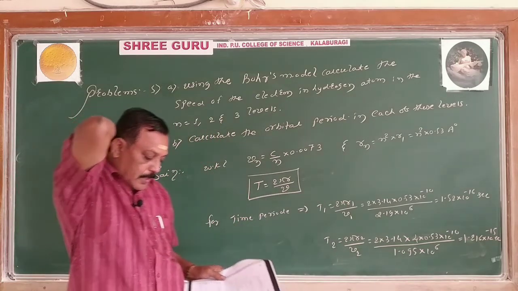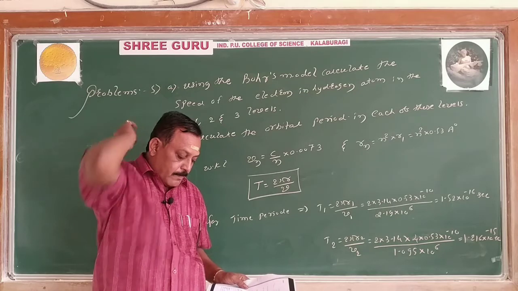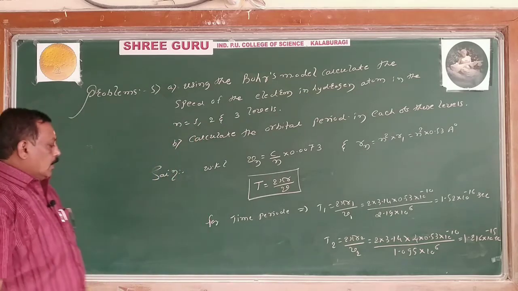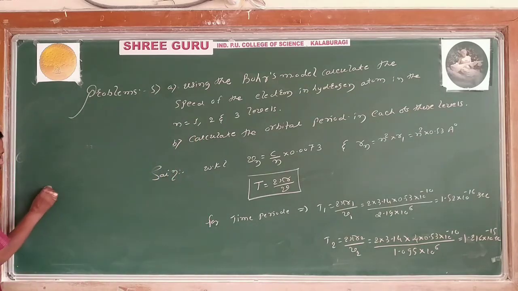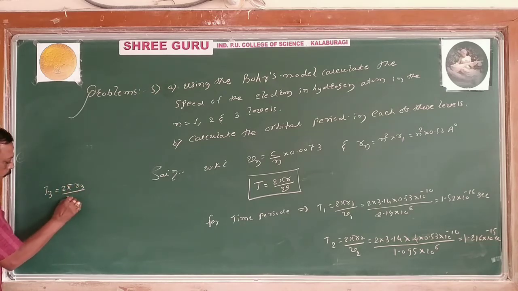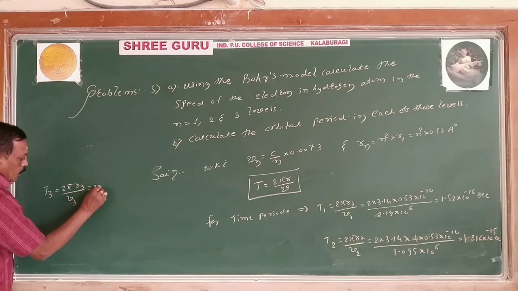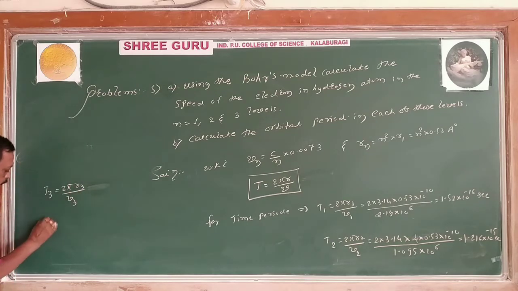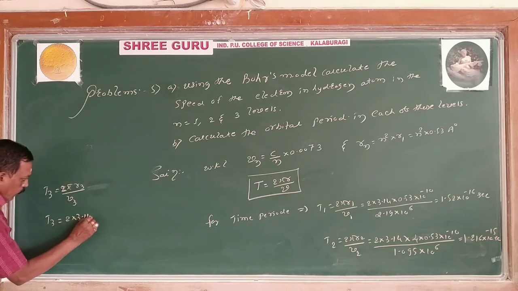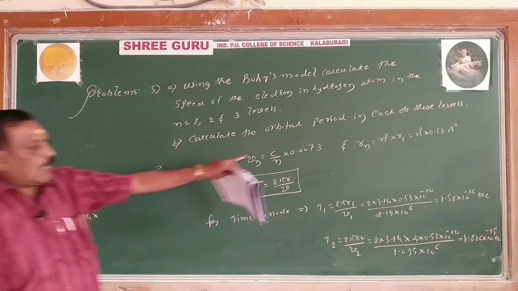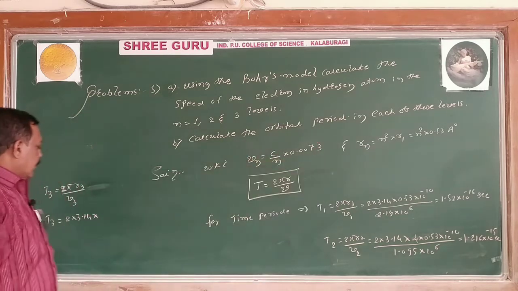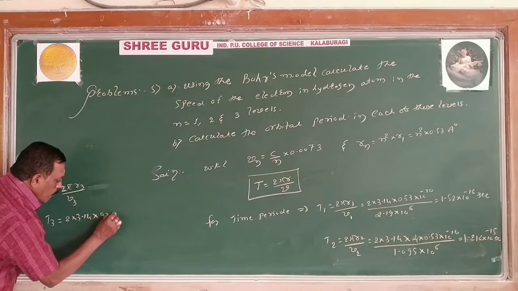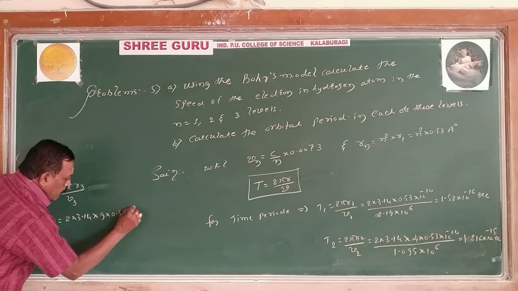Now you can go to T3 in the same way. T3 equals to 2 pi R3 by V3. This is 2 into 3.14. R3 is 3 square, 9, 9 into 0.53 into 10 to the power of minus 10.